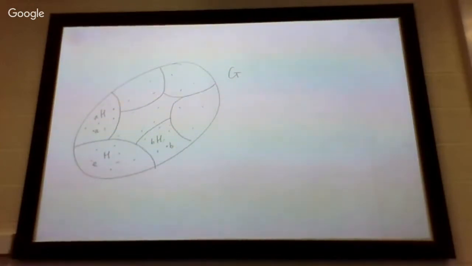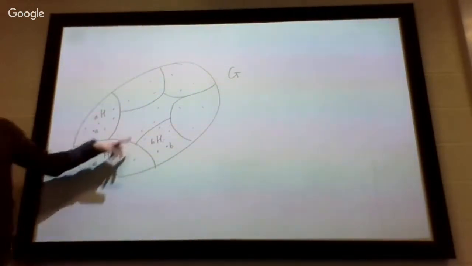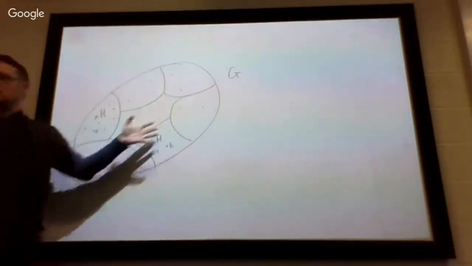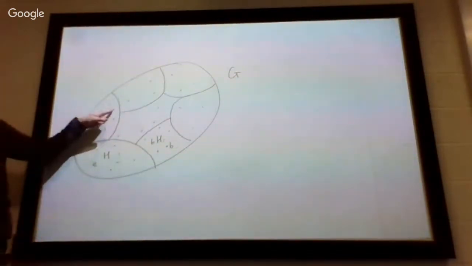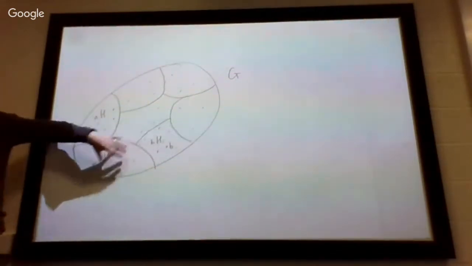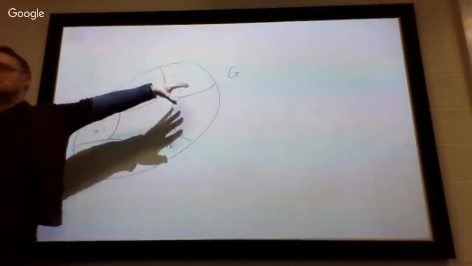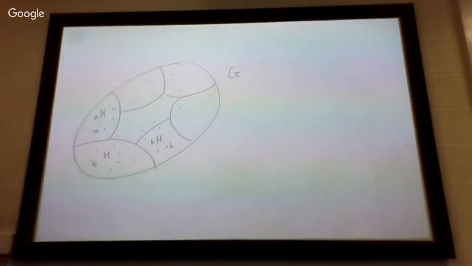Now the question is, when does there exist a group structure on this system? Not on the system of the elements, but on the system of the cosets. When is there a group structure on that? That happens when the subgroup is normal.